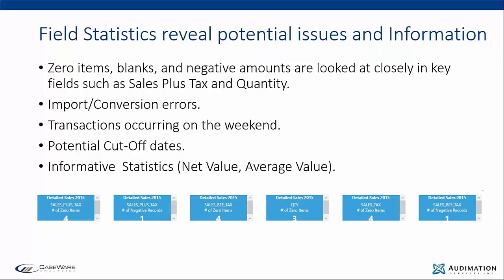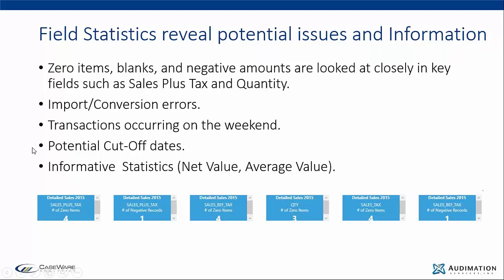For example, sales plus tax, quantity, overtime, and things that wouldn't make sense. Based on the algorithms built into this technology, it will shine a light into those areas, and then you as the auditor could decide, oh, this is normal, it's a false positive, it's fine, or you may want to look at this further as well.